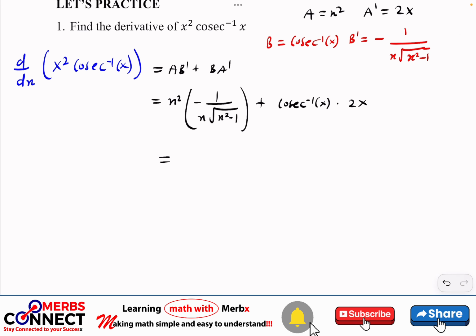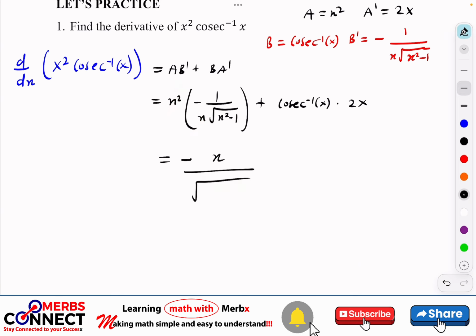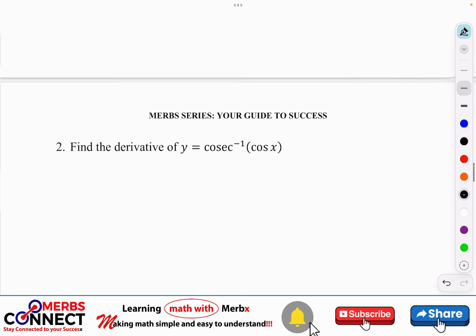Simplify this. One of the x will cancel one of the x here. So this is going to give us minus x divided by square root of x squared minus 1, plus 2x cosec inverse of x. Beautiful, beautiful.